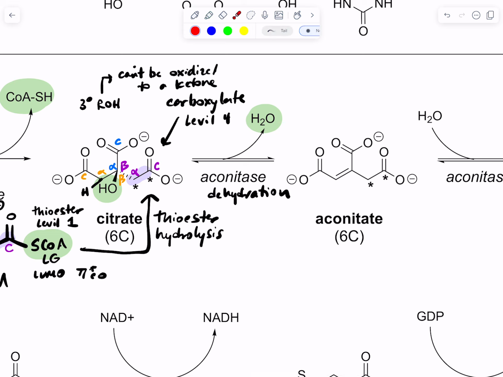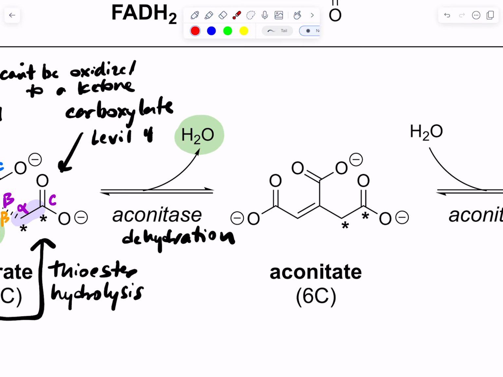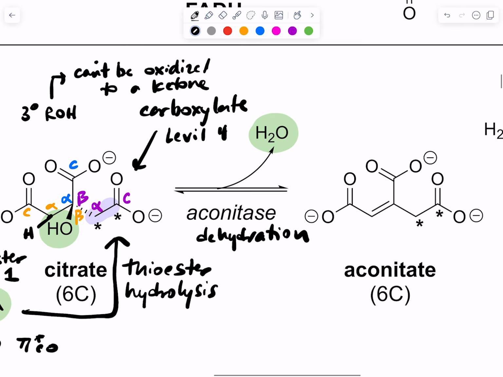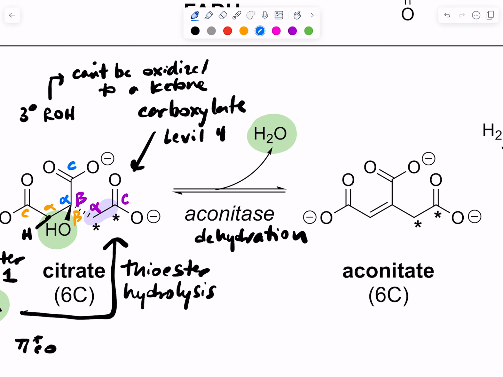And this is an intermediate, and it's a very, very interesting intermediate because we'll keep the colors blue and orange going. If you look at aconitate, this blue carbonyl carbon has an alpha carbon and a beta carbon.